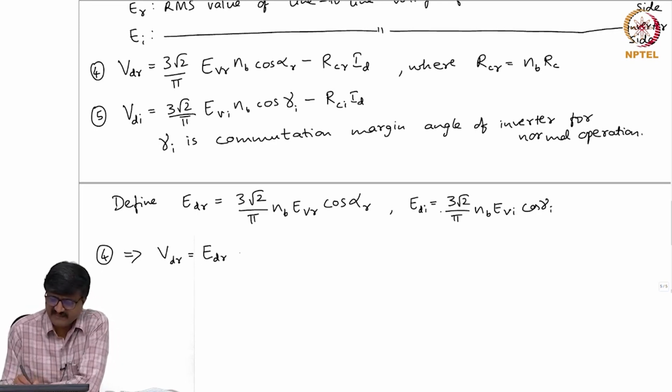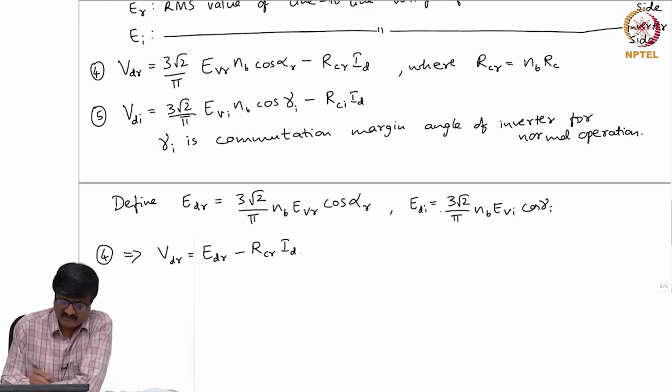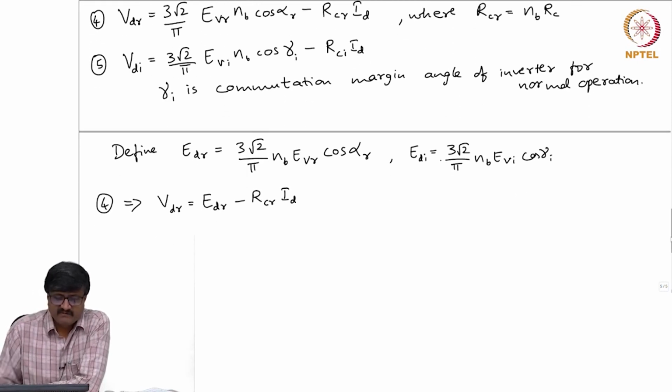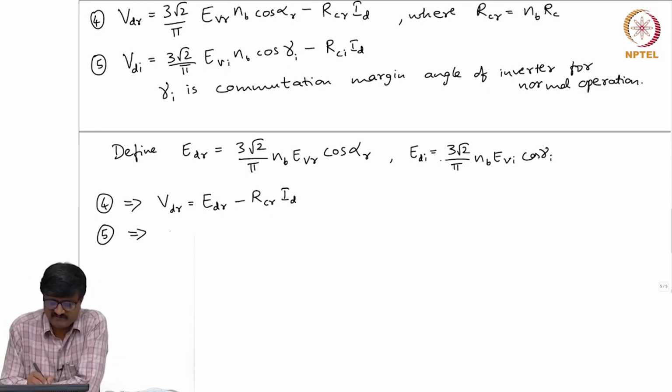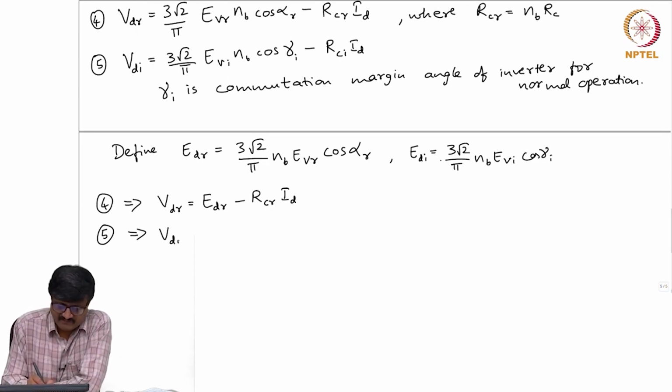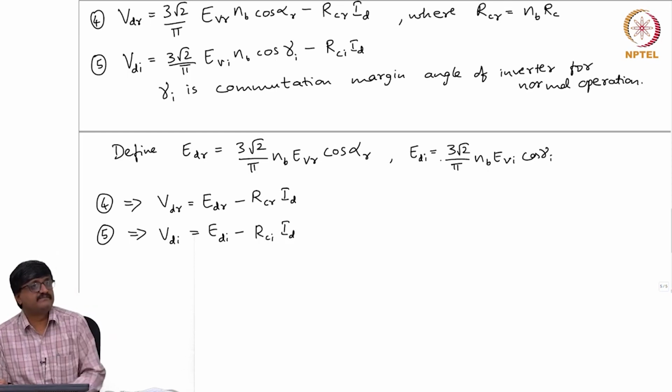So, VDR is EDR minus RCR ID, and equation 5, with the new definition for EDI, becomes VDI equal to EDI minus RCI ID.